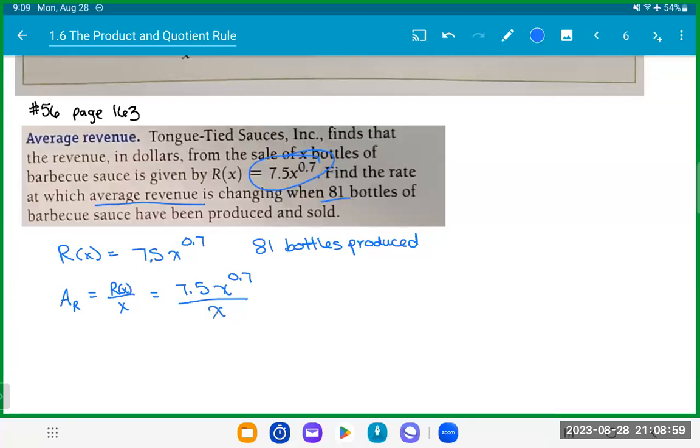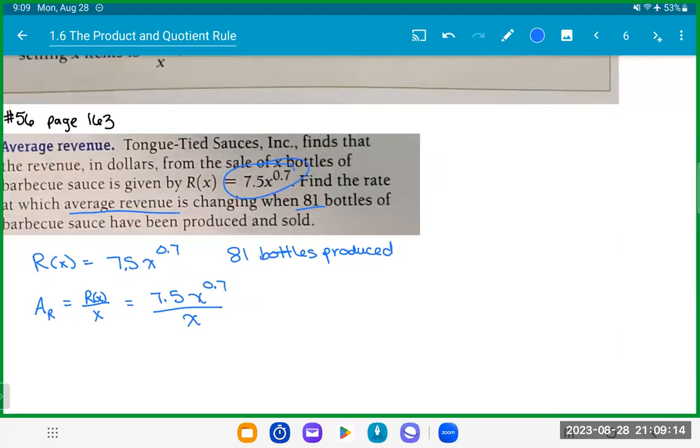We just want to use x bottles right now, because we will plug the 81 into our derivative, since it wanted to know the rate of change, not the revenue at 81. So this is the same as moving this up here, where it's x to the negative 1, or I could have moved this down here where I end up with 7.5 over x to the 0.3, because I have 1 minus 0.7, which gives me 0.3.